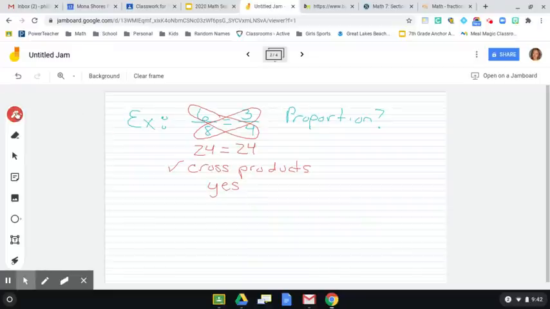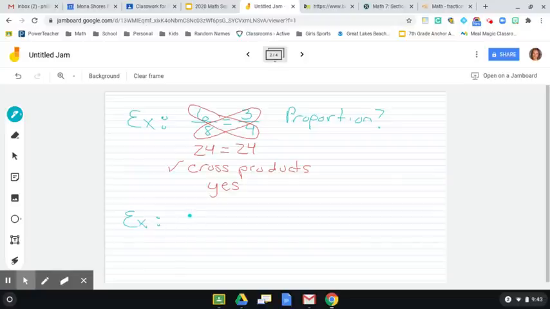Okay, let's try another one. Now, cross products is definitely one way that you can do it. I'm going to show you a different way also to see if you have equivalent ratios and if it's a proportion.